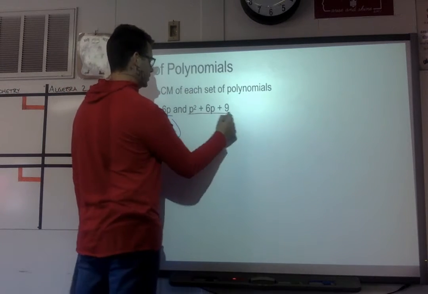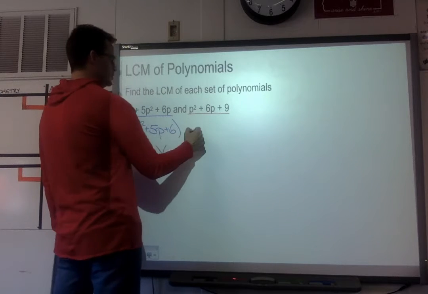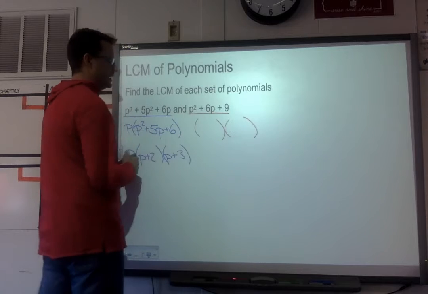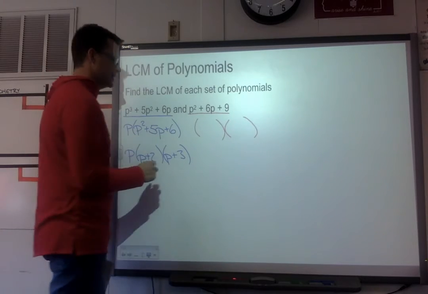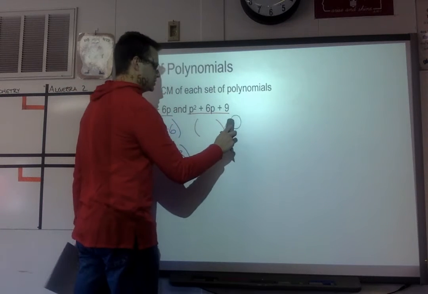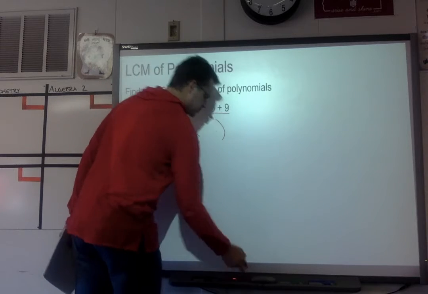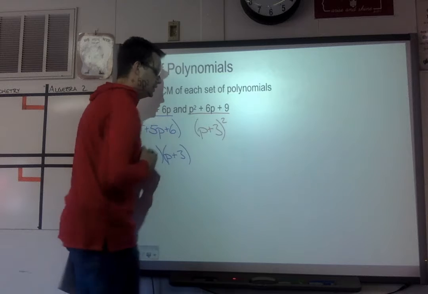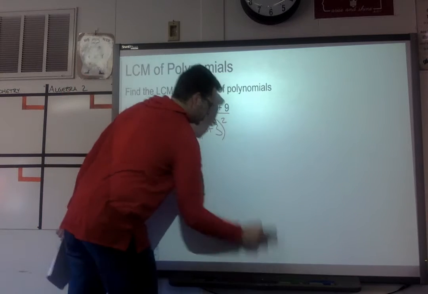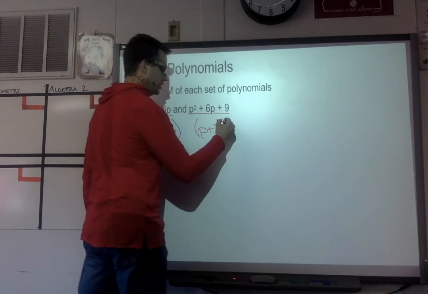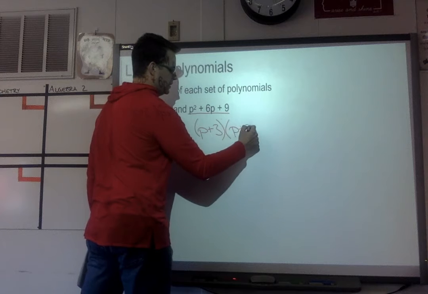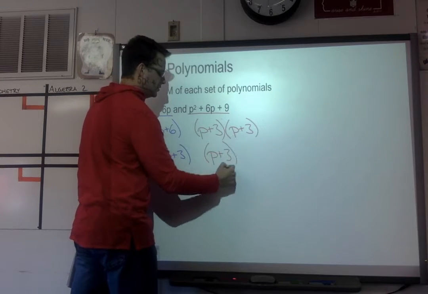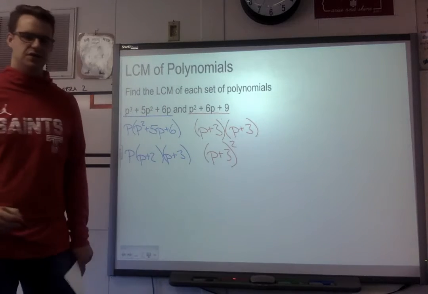The second one, 2 numbers that multiply to 9 and add to 6 would be 3 and 3. So I'm actually going to erase this second set of parentheses and write this as p plus 3 squared. Or actually, just to not confuse anybody, p plus 3 times p plus 3, which we can then write as p plus 3 squared.